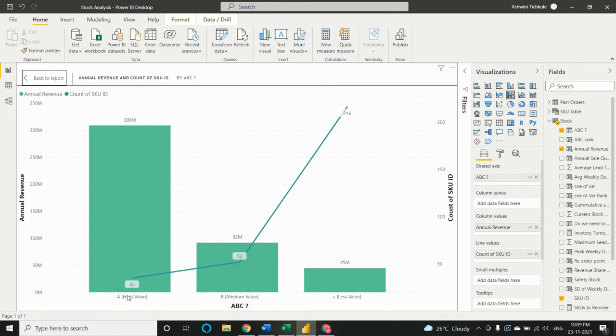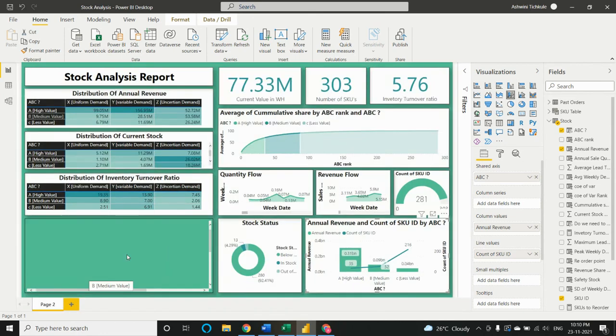Here I added the ABC level in the axis, high value, medium value, and low value, annual revenue in the column values, and the count of SKU in the line values. So we can see the count of SKU is more for the low value, and the count of SKU is less for the high value. Okay, so back to the report.